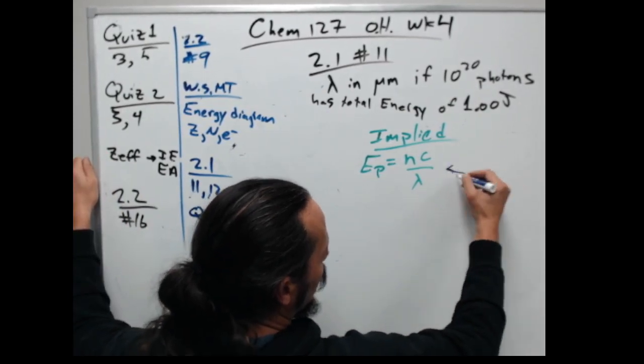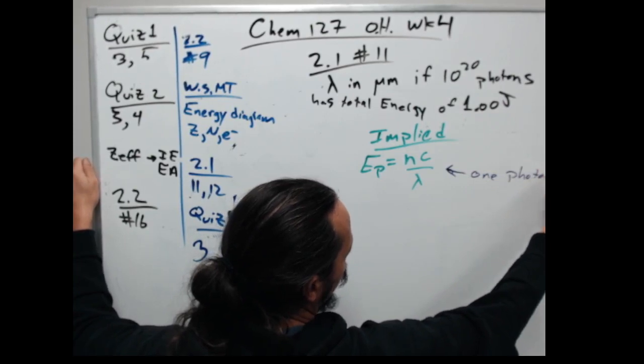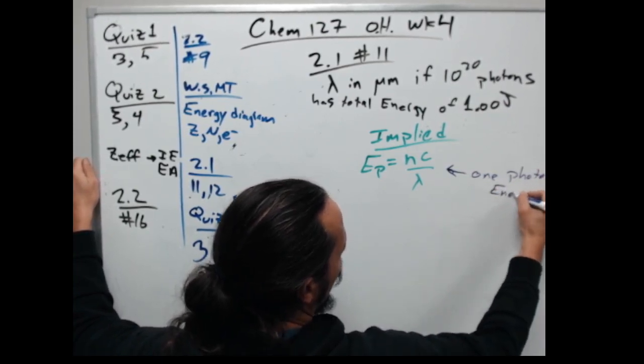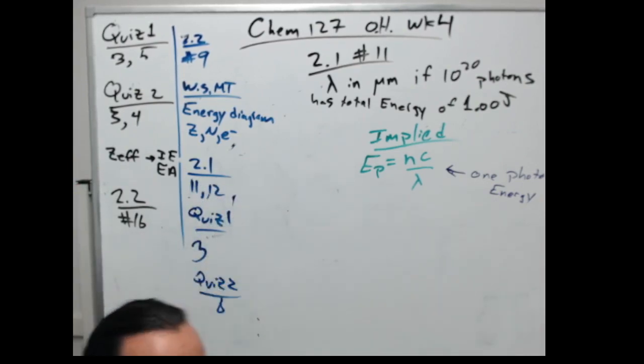This equation is for one photon energy. Right? And that is really an implied piece of information. So when we calculate the energy of a photon, we always say it's the energy of a photon, sometimes not realizing that the of a photon means it's a single photon.